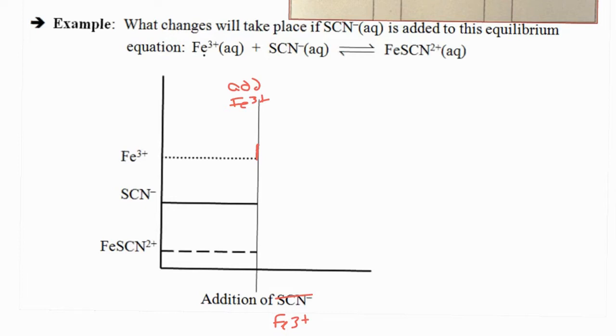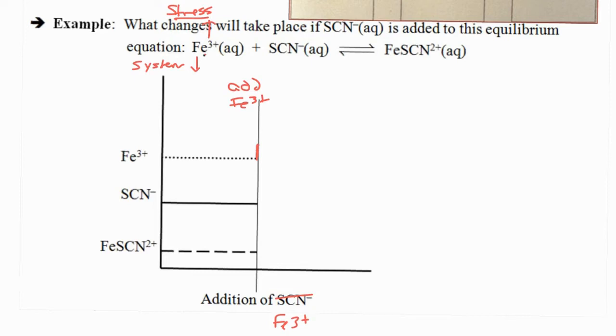Now, what Le Chatelier says is that if the stress is increasing iron, the system wants to counteract that change. So the system wants to use that iron up and bring it down. So the stress is to increase the amount of iron. The system wants to decrease that iron ion.